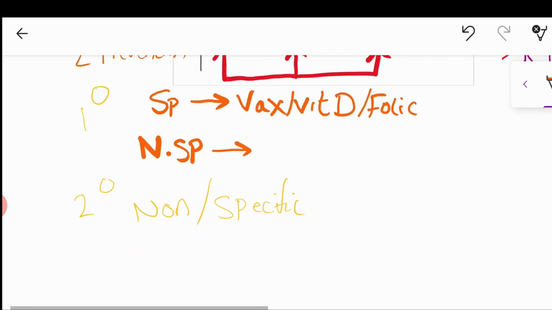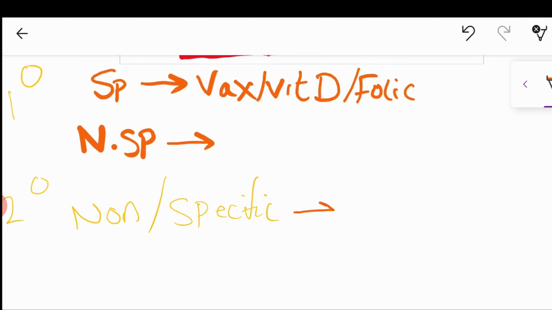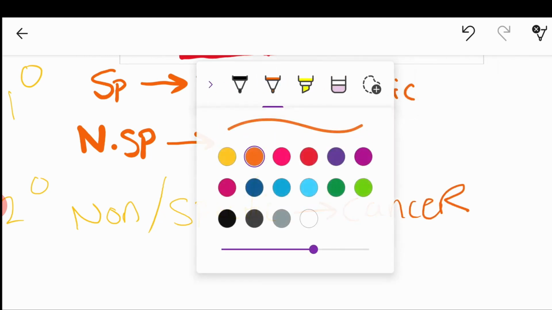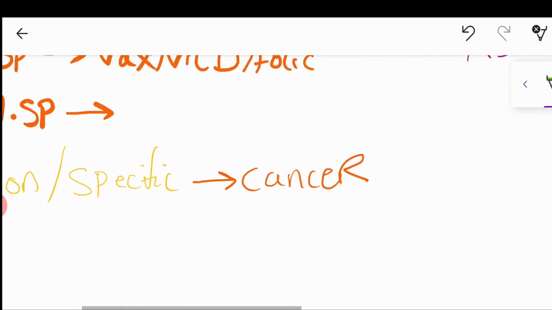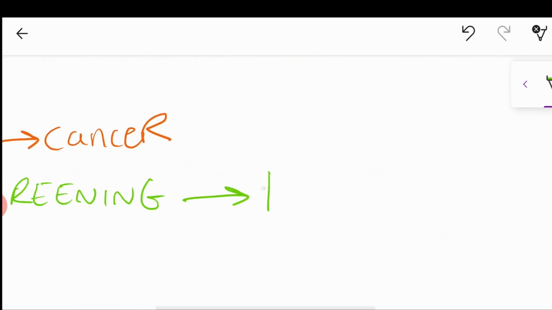That's basically what it means. With secondary prevention, you have non-specific and specific. Non-specific can be your prophylactic exam, and specific can be things like screening. Screening can be for specific illnesses, usually cancer, like breast or cervical. Something to take away from this video is that screening is a risk assessment.